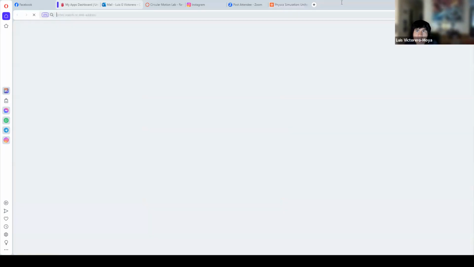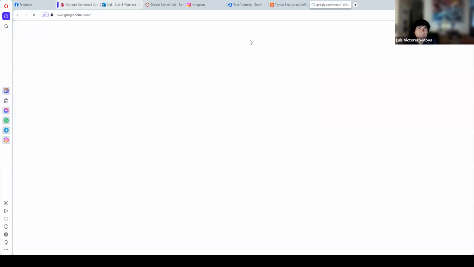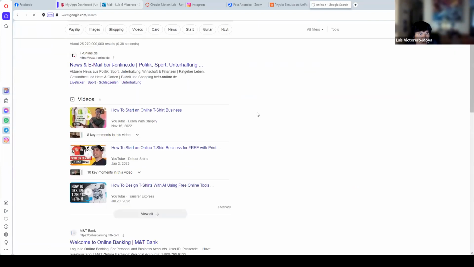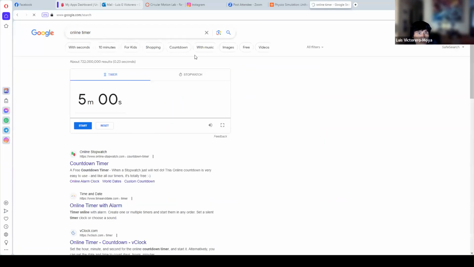So I will suggest you guys to use an online timer. Of course. So with the online timer, you can start and then you can check the time it takes for one revolution, right? So you will have to probably open a second window and do this.